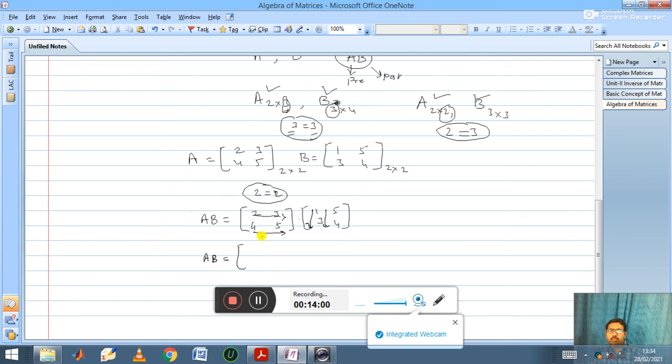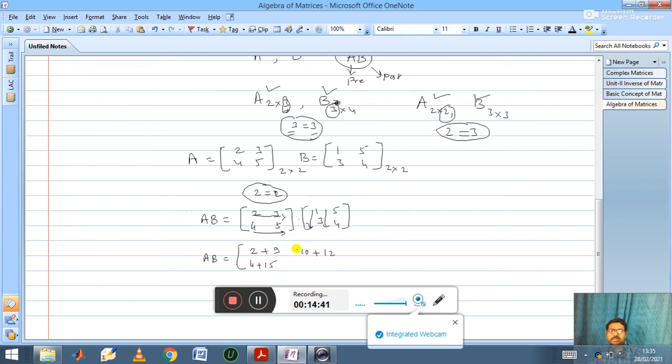So AB is equal to, first row first column: 2 into 1 gives 2, 3 into 3 gives 9, 2 plus 9. Then first row, second column: 2 into 5 gives 10, 3 into 4 gives 12. Now second row, first column: 4 into 1 gives 4 plus 5 into 3 gives 15.